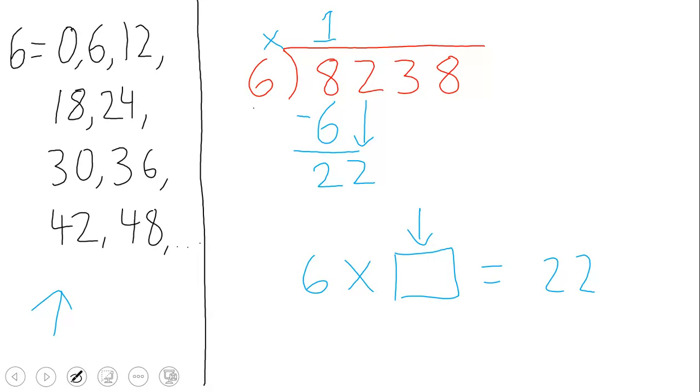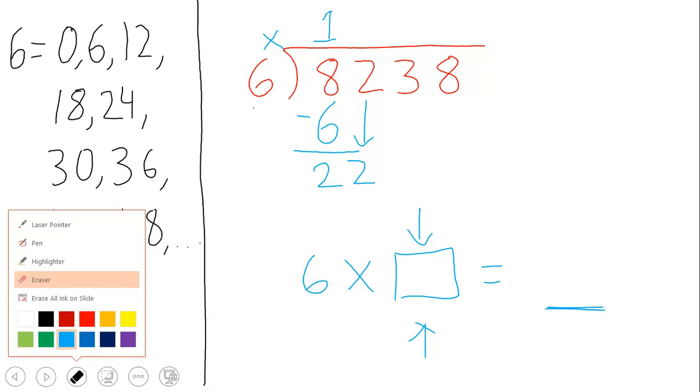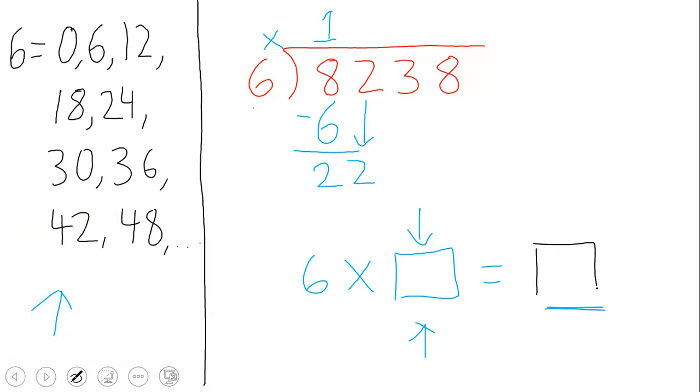I know I can't find a whole number that I could use to multiply by 6 and give me exactly 22. But I'm going to try to find a number that, when I multiply by 6, is going to give me not 22, but a number that is less than 22, but is also a multiple of 6, and it's the largest one.